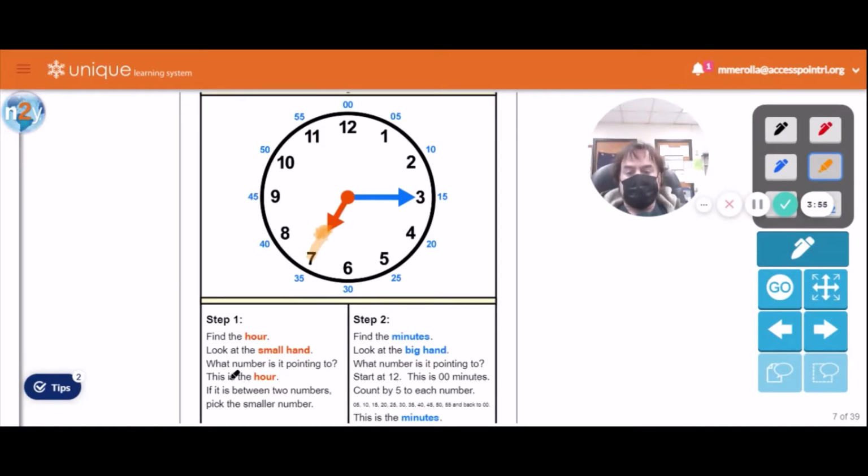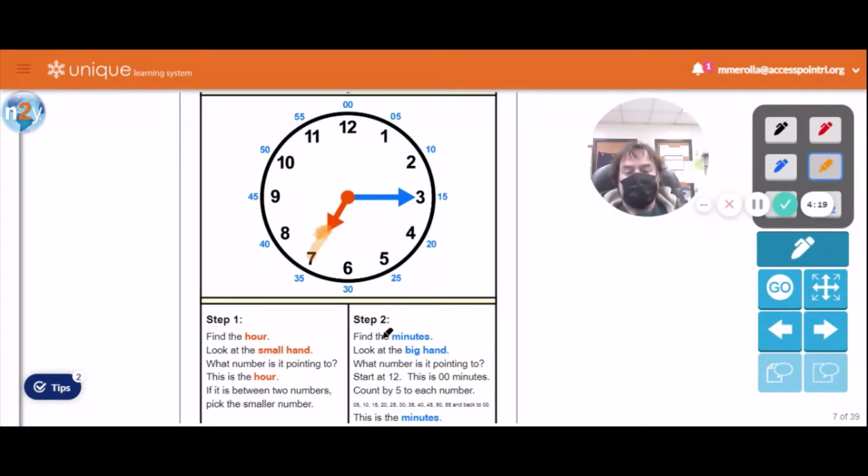This is the hour. If it's 7:15, it's supposed to be between two numbers, 7 and 8, even though it doesn't really look like it. And you pick the smallest number.